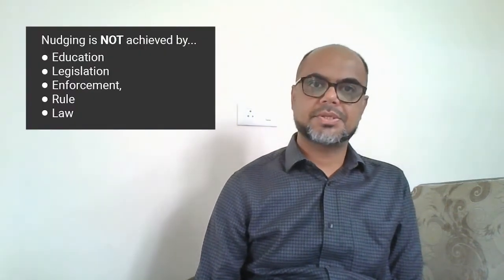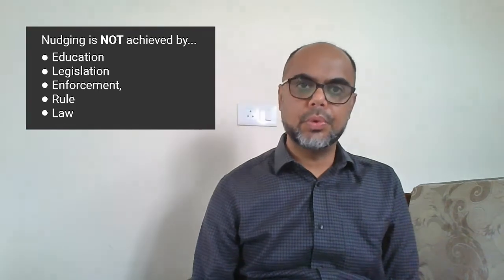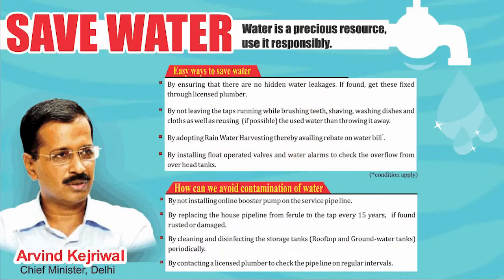Nudging contrasts with other ways to achieve compliance, such as education, legislation, enforcement, a rule, or a law. Social nudges are used by governments so that people change their behavior and reduce smoking, avoid excess use of water or electricity, exercise regularly, get into sports, and live a better life.